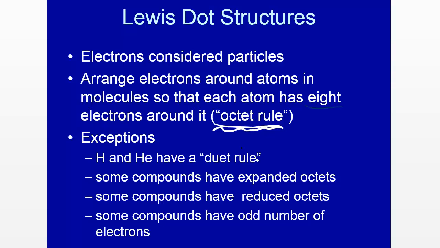For instance, if you look at hydrogen or helium, let's look at that in bonding. Let's look at hydrogen. Hydrogen is 1s1, so it has 1 electron. So we can write hydrogen with 1 electron, and let's write another hydrogen here with 1 electron.